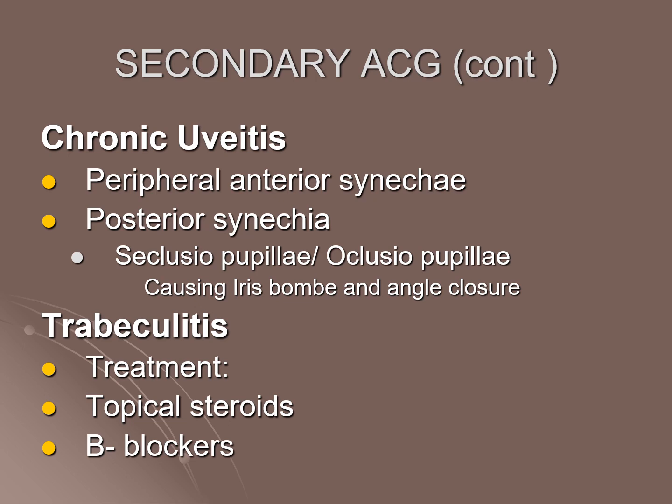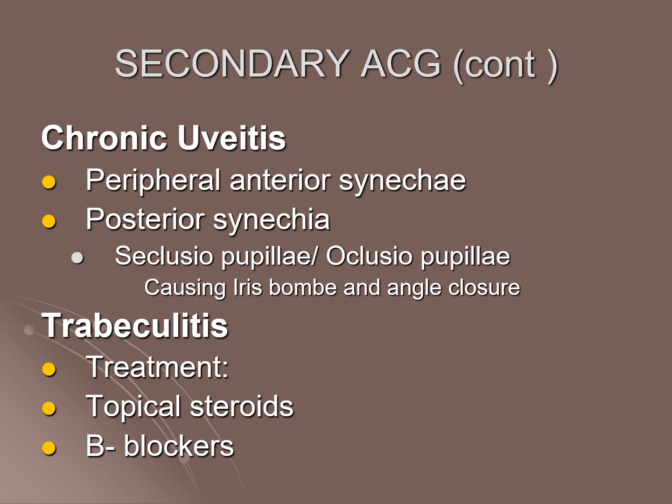Secondary acute congestive glaucoma may be present in chronic uveitis, where peripheral anterior synechiae and posterior synechiae cause seclusio pupillae or occlusio pupillae. Seclusio pupillae means posterior synechiae are formed 360 degrees so that aqueous cannot pass from the posterior chamber to the anterior chamber.